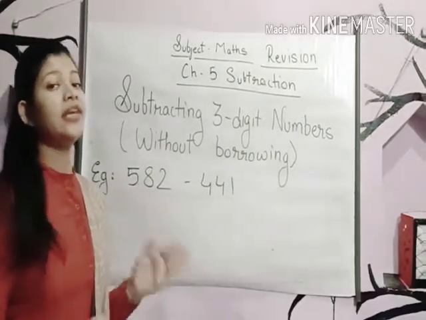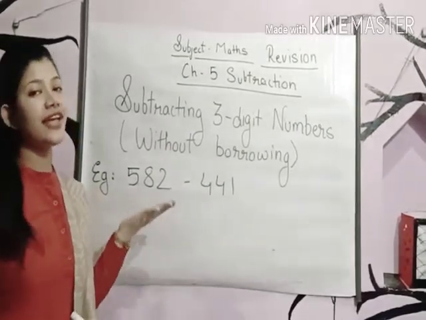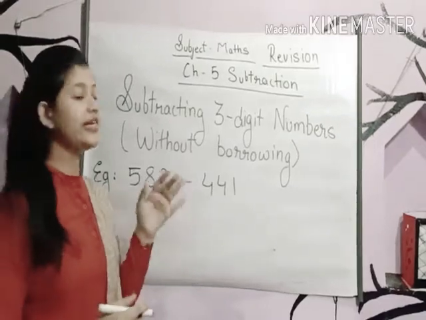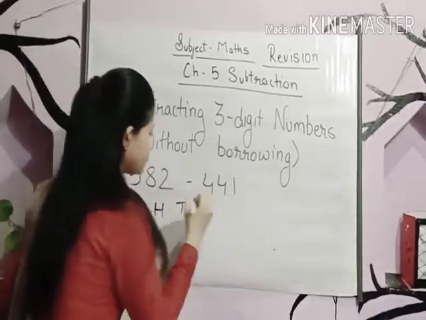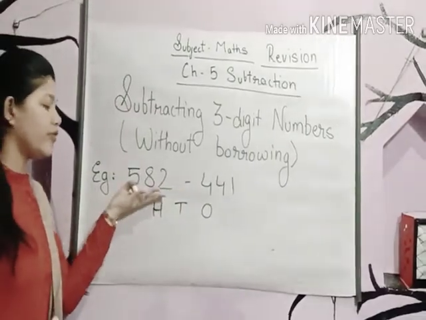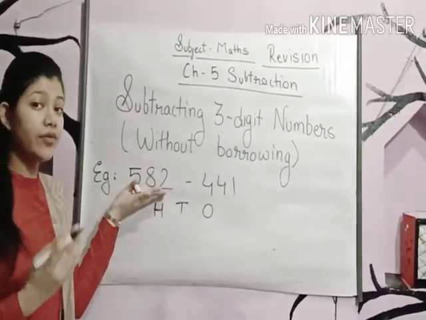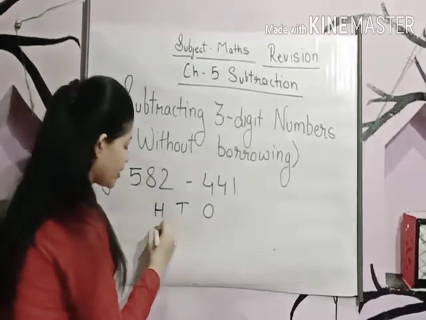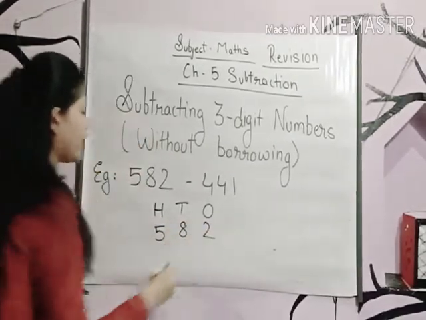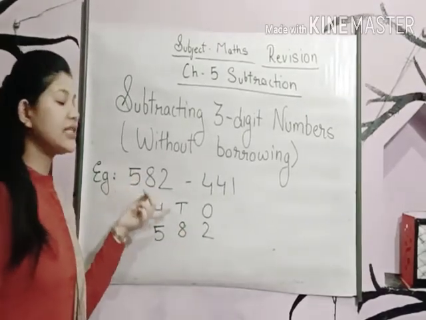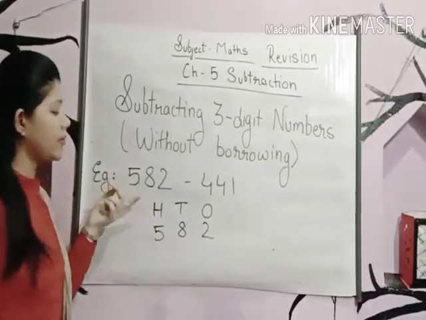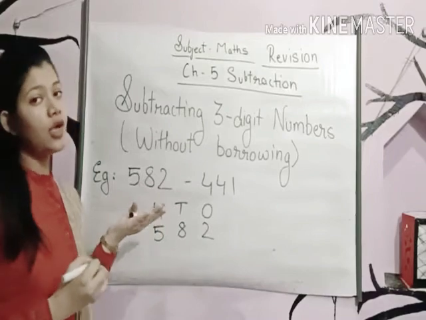You know very well that our first step is to arrange the numbers under the columns of hundreds, tens and ones. So we will write hundreds, tens, ones. Our first number is the minuend, 582, where 2 will be placed at the ones column, 8 at the tens column, and 5 at the hundreds column.